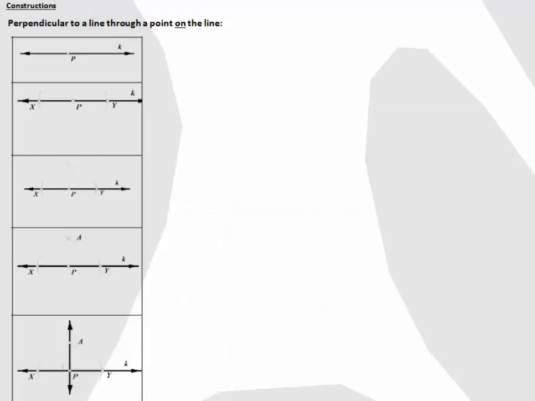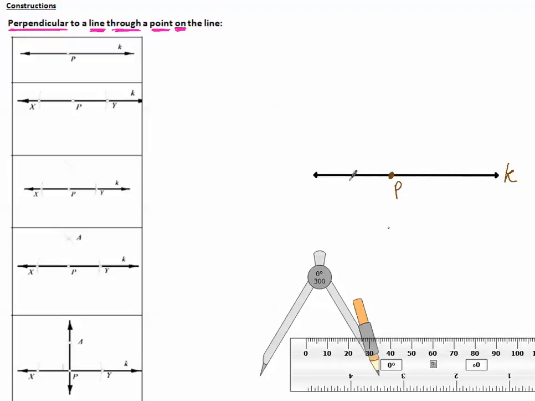Let's take a look now at some important constructions that we have to know. The first one being a perpendicular, drawing a perpendicular to a line through a point that is on the line. So what kind of picture is that going to be that we start with? Here's a picture of what we'll start with for this scenario.